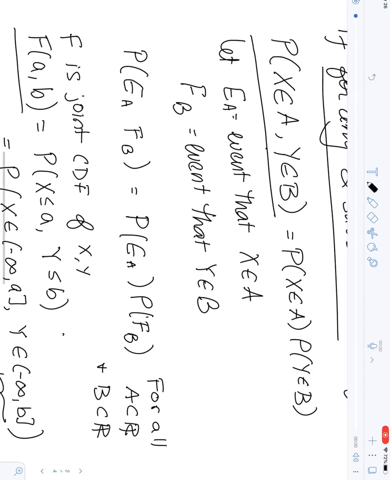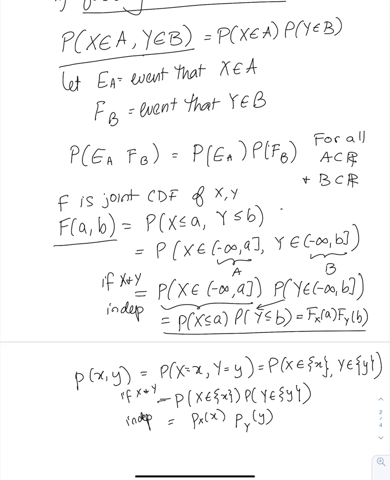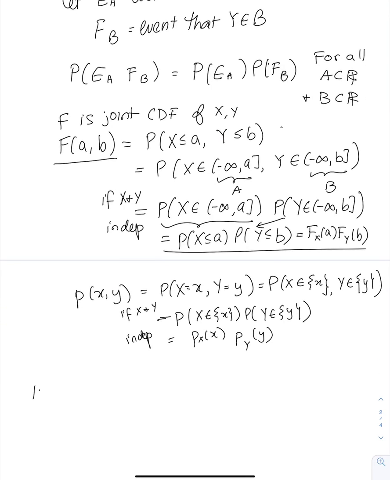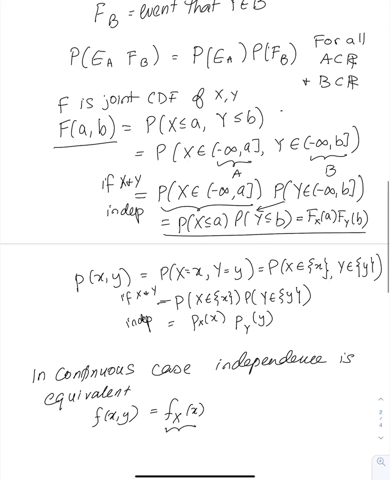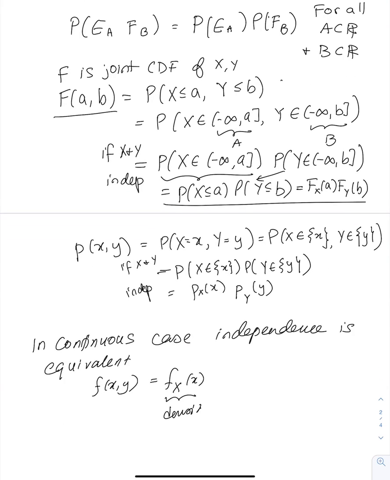All right, and now in terms of the continuous case, the condition of independence, just as you would have guessed, is equivalent to the joint probability density function f of x comma y being equal to f sub x of x, that's the density of x, or if you want to call it marginal density of x.